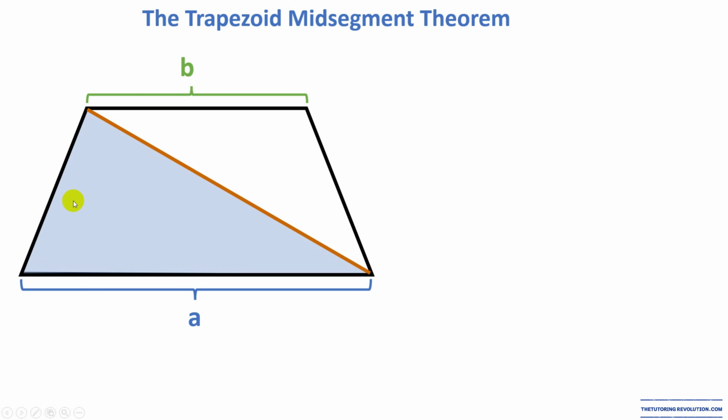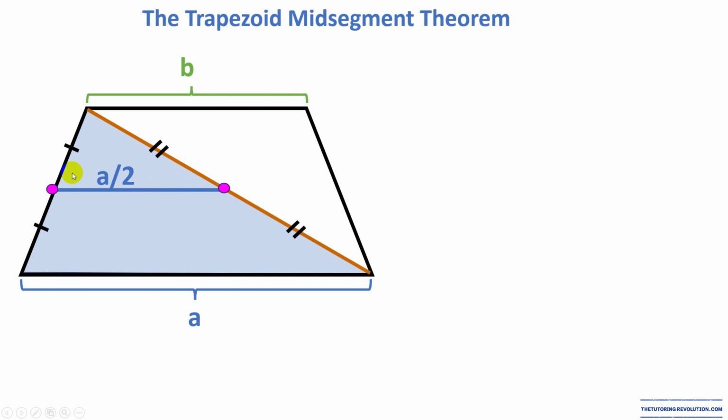So we separate the trapezoid into triangles. If we focus on this triangle first, and we draw the midpoint of this side of the triangle and the midpoint of this side of the triangle, and we join those midpoints, we create a midsegment, which we know because of the previous theorem is going to be half in length this base.